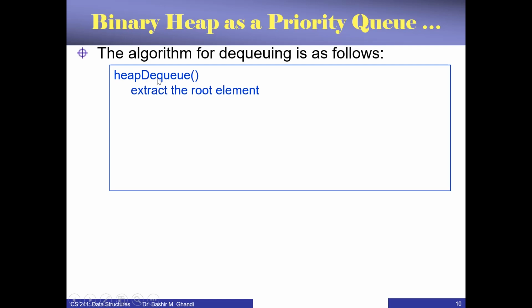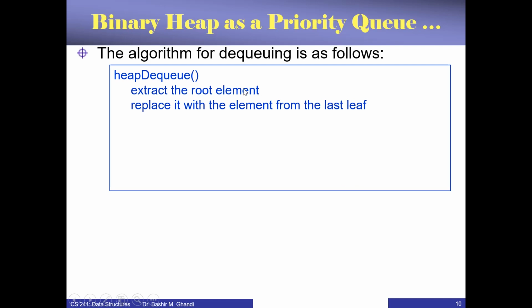It's a queue, so we are always interested in dequeuing the front one, and the front element in the case of binary heap is actually in the root. So this is the algorithm. It says first extract the root element, usually save it in a variable, it will be returned later, but before that replace it with the element from the last leaf.